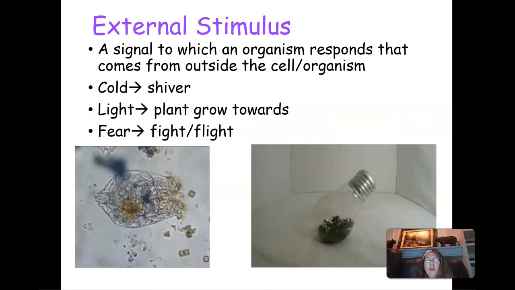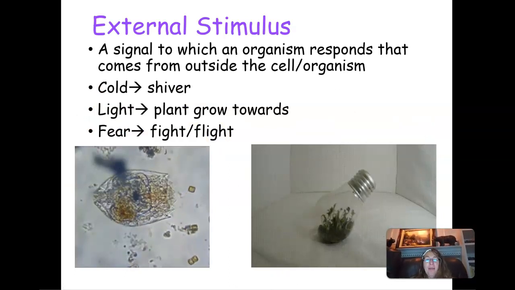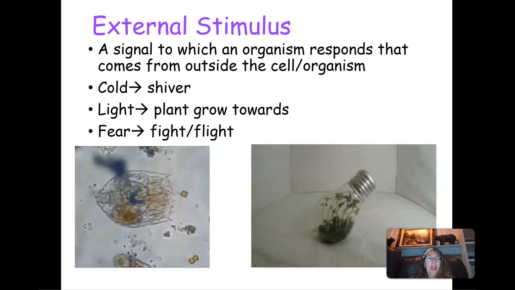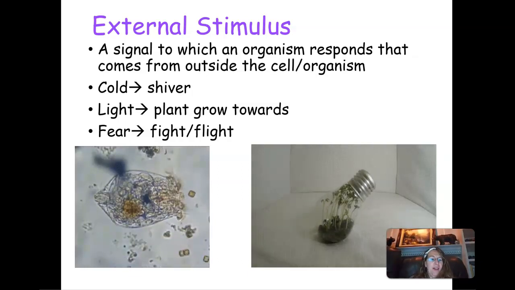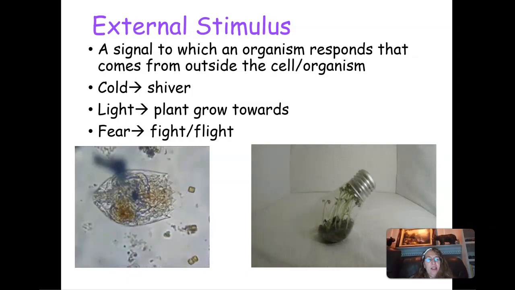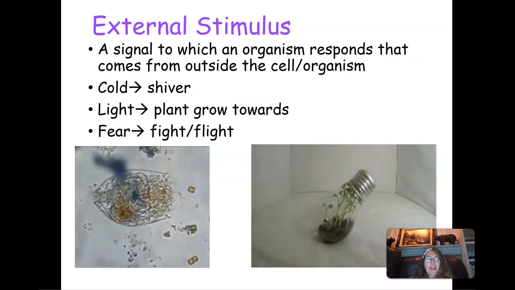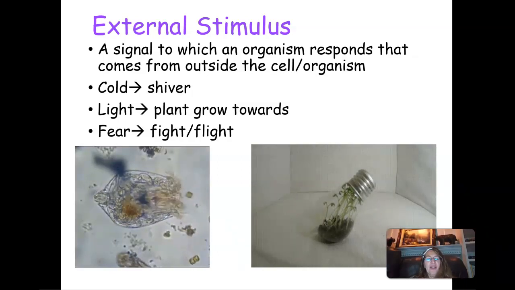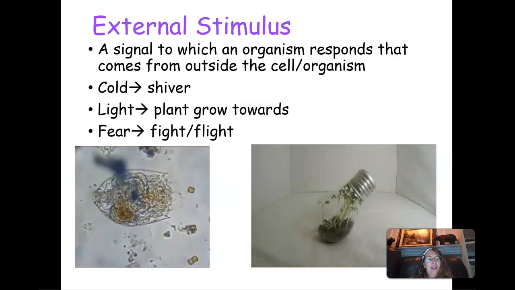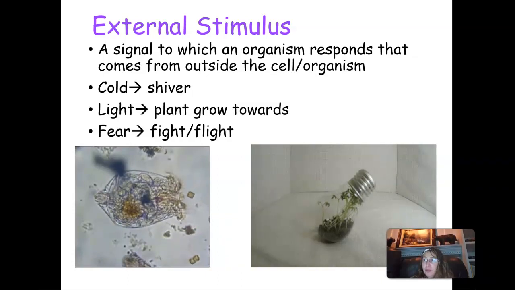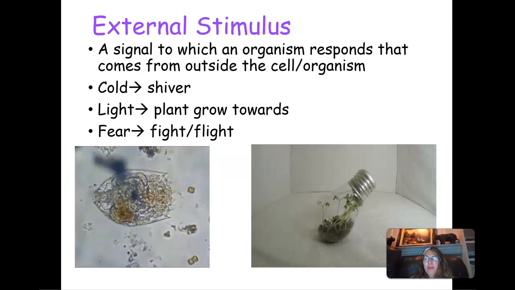It can be an external stimulus, meaning something outside of the organism. On the bottom left, you can see that our one-celled protist can sense the food outside in the water environment and is using what it can to get the food inside itself.